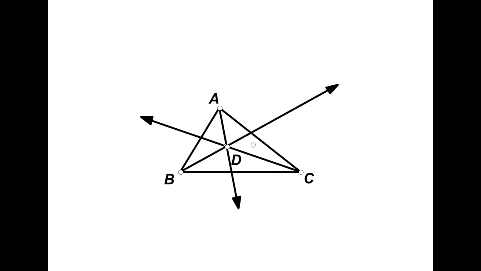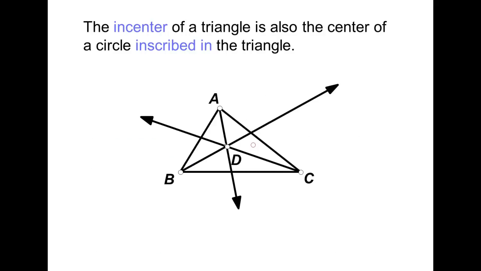An interesting thing about the incenter is that the incenter is the center of the circle that is inscribed in the triangle. The inscribed circle is inside the triangle. Circumscribed is outside, inscribed is inside, which means then that the incenter is equidistant from the sides of a triangle, because each of these radii are, of course, the same length.